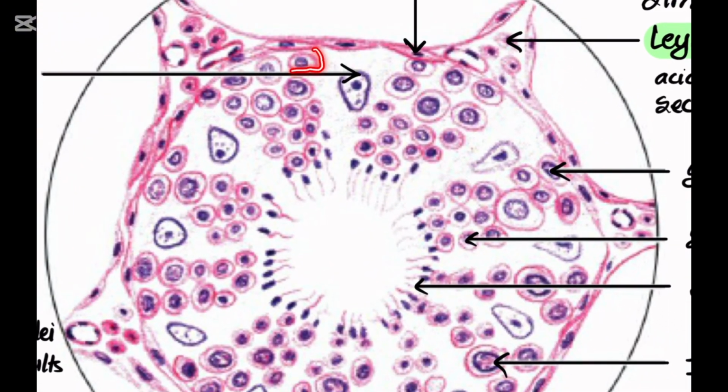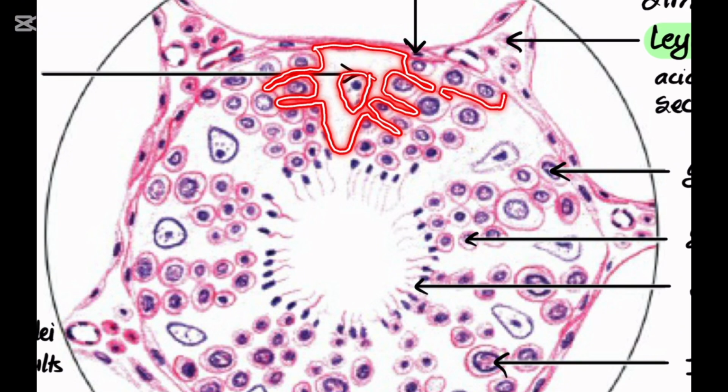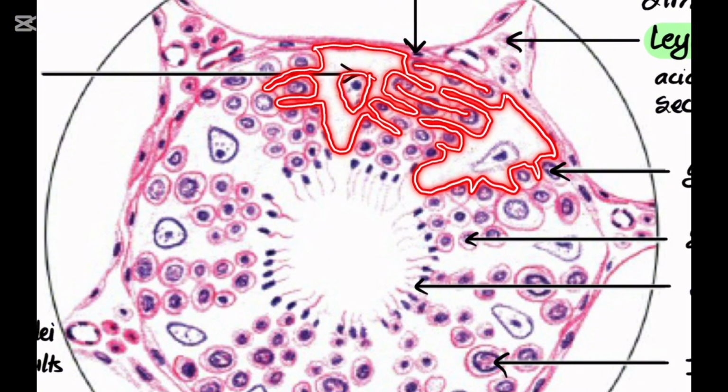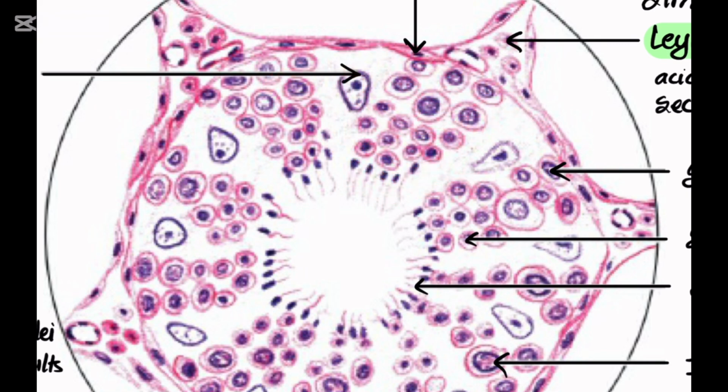So here's the Sertoli cell, which is tall columnar with irregular margin having appendages protruding outside forming the blood-testis barrier, with euchromatic ovate nucleus. Now, due to compartmentalization by the Sertoli cell, you can see the germ cells in different layers. So these are your spermatogonia, these are your primary spermatocytes, these are your secondary spermatocytes, these are your spermatids, and these are your sperm cells with their heads lodged inside the Sertoli cell.